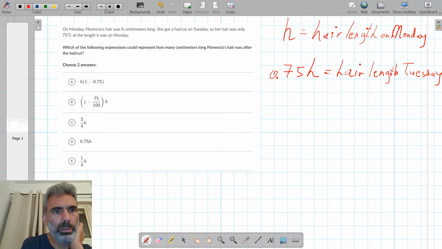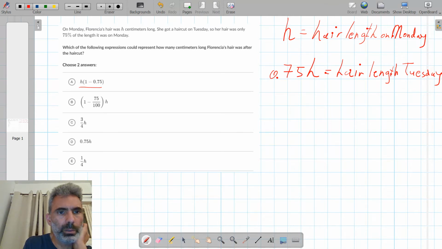The change was of 25%. On Tuesday it was 75% long, so it means it's 25% shorter than what it was on Monday. And this here says that she cut her hair short 75% shorter.